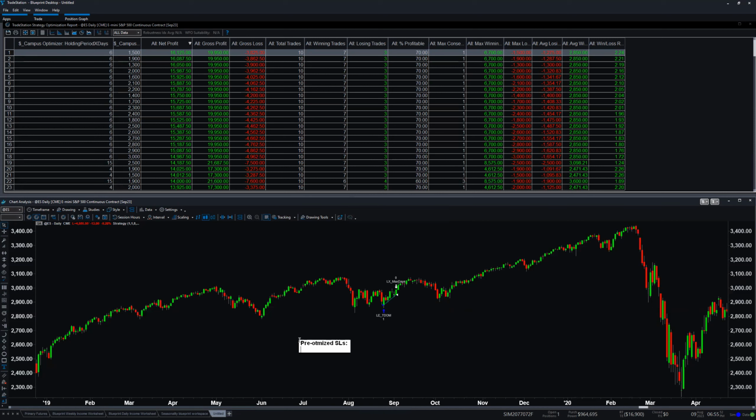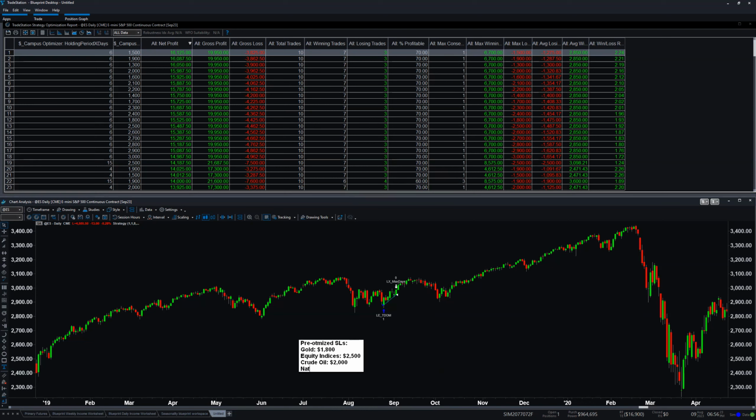Your pre-optimized SLs, right? So you have gold, and your pre-optimized stop loss for gold is $1,800. Then you have your equity indices. Your pre-optimized stop loss here is $2,500. Then you have crude oil, which your pre-optimized stop loss is $2,000.